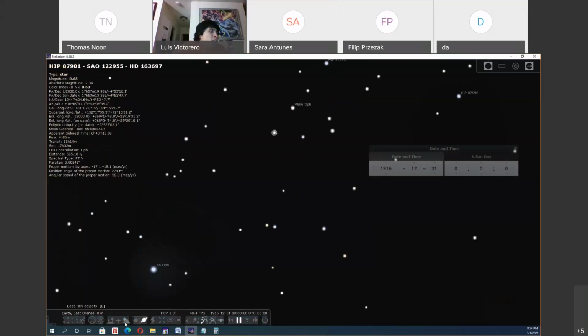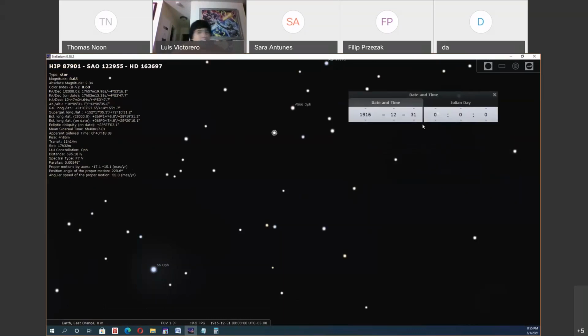You have to remove the ground. How do I do that? Remove the ground, remove the atmosphere, remove the cardinal points. Your screen should look like my screen right now. I got it. But it's also asking me to change the FOV. You have to zoom in with a mouse. Oh, okay.